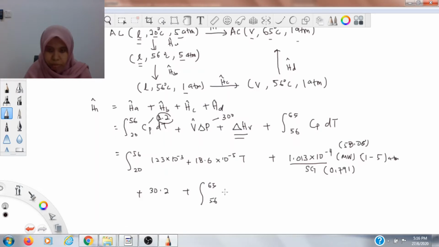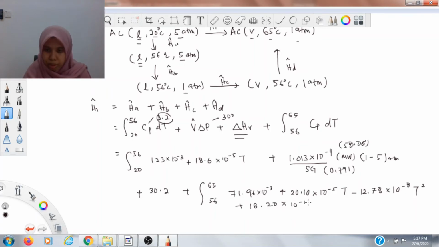The value is quite long because you have columns A, B, C, D: 71.96 times 10 to the power of negative 3, plus 20.10 times 10 to the power of negative 5 T, minus 12.78 times 10 to the power of negative 8 T squared, plus 18.20 times 10 to the power of negative 12 T cubed.